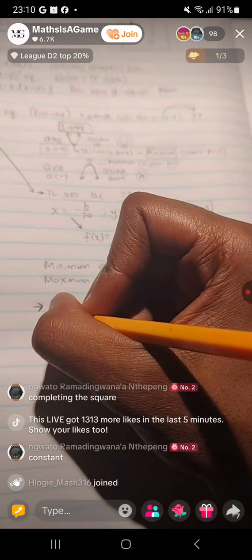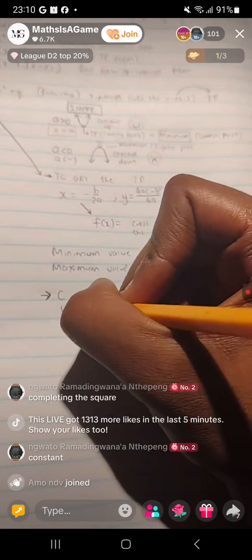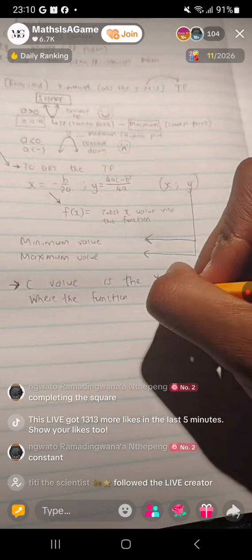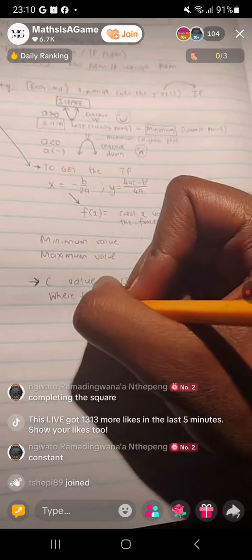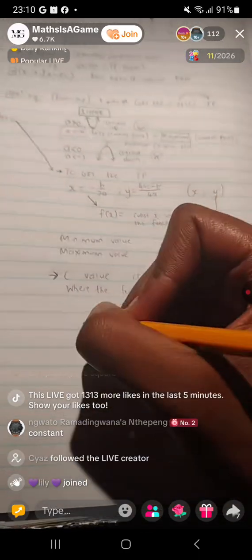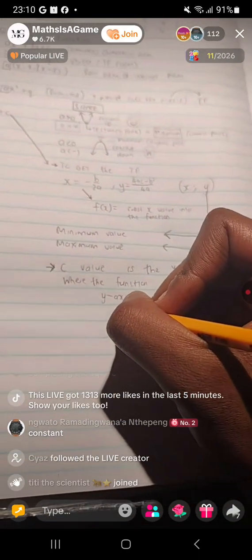By that we mean where the function cuts the y axis. And let me be practical with this, guys.